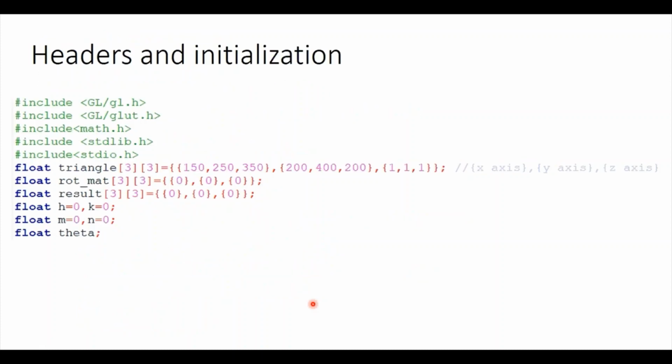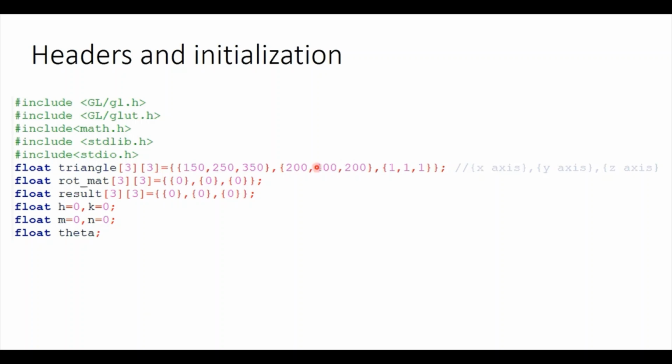Just to give you a recap, we used initialize. These are the header files that we need: gl.h, glut.h, math.h, because we are using sin and cos, and these are normal C libraries. So we have declared our triangle matrix. You can take any points here for the triangle, it depends on you.